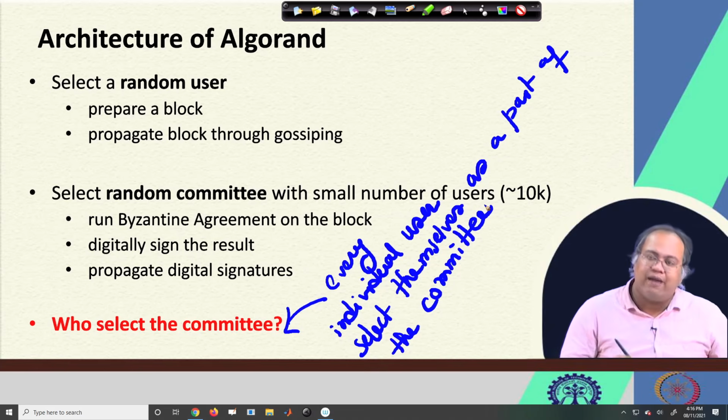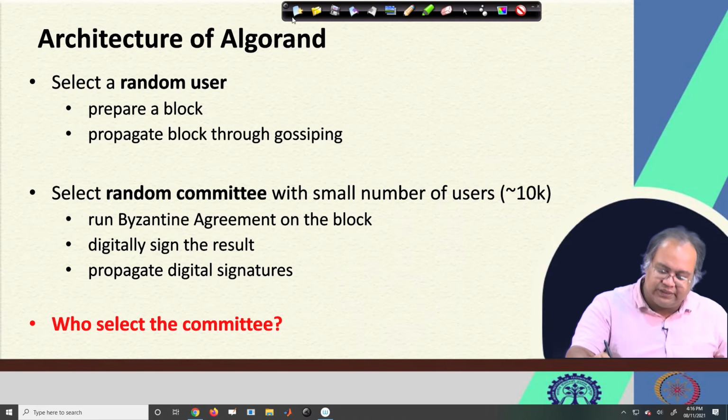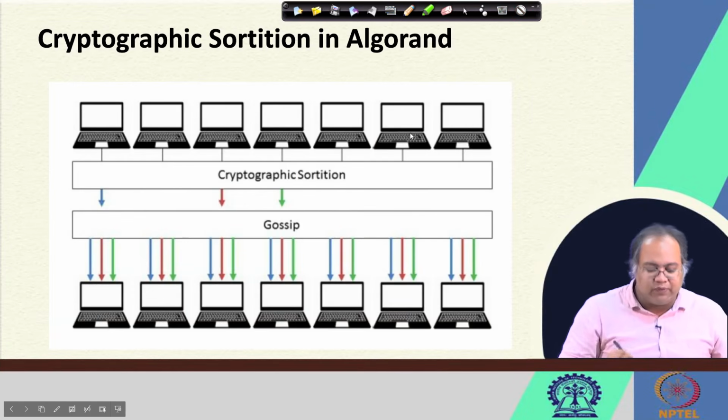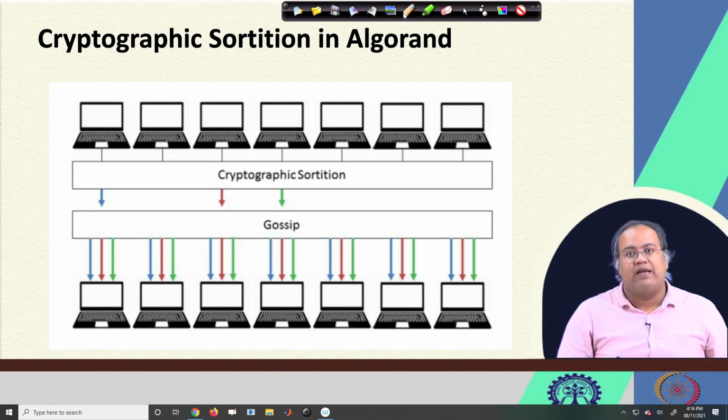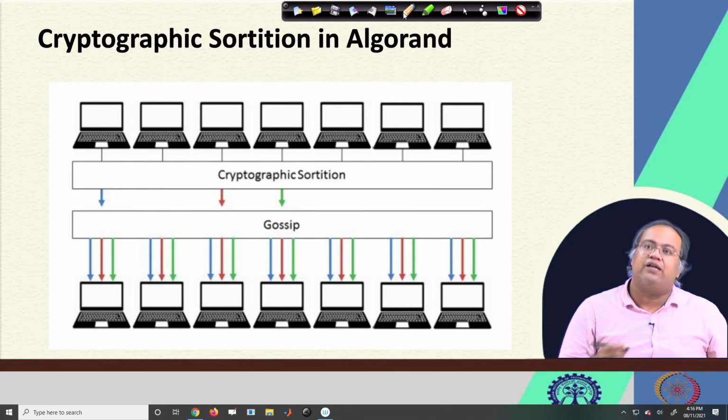Now, to prove that I am eligible, Algorand uses this magic which is called cryptographic sortition. So, what is cryptographic sortition? Cryptographic sortition is an algorithm that every individual participant runs, and it generates two things.